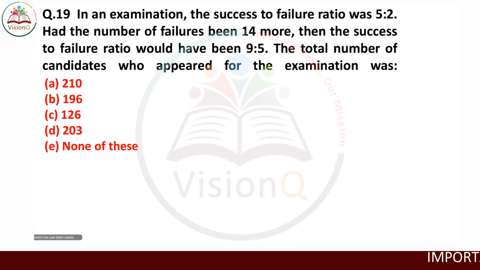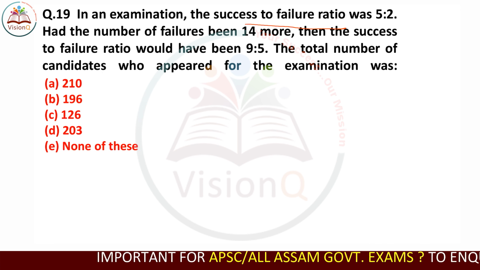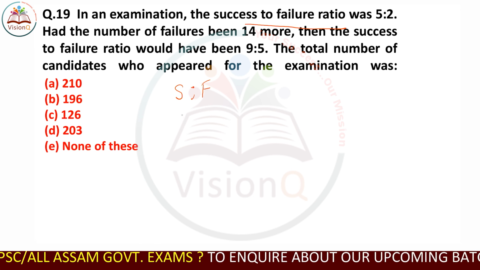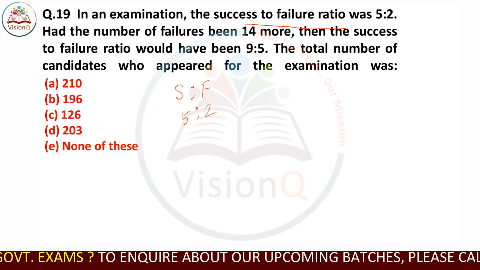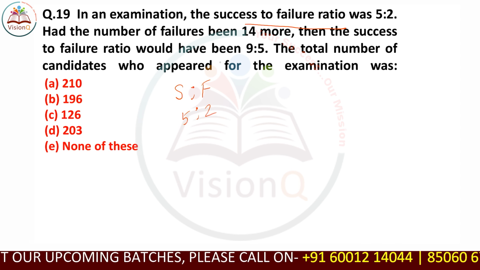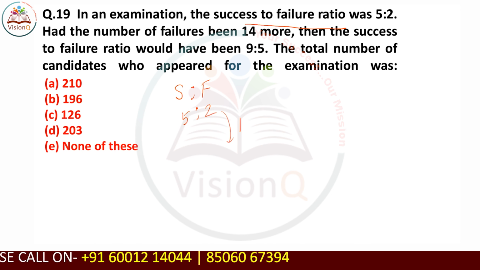So next is a question of ratio in front of you. It says that in an examination, the success to failure ratio was 5:2. Successful students to failed students ratio is given as 5:2. Had the number of failures been 14 more, if failures are increased by 14, then the ratio of success to failure becomes 9:5.